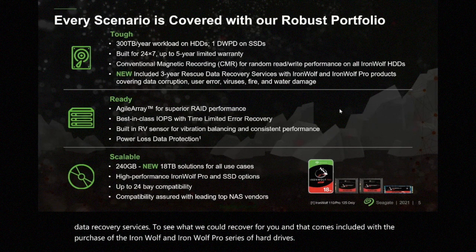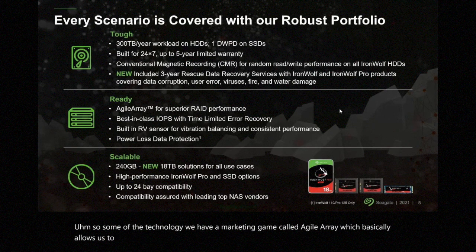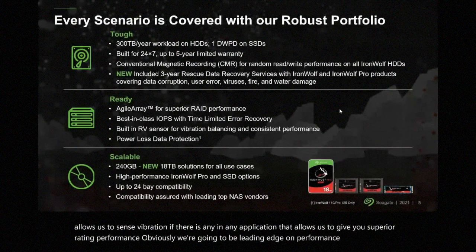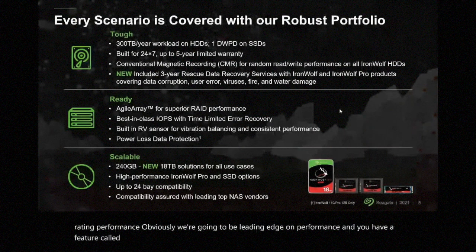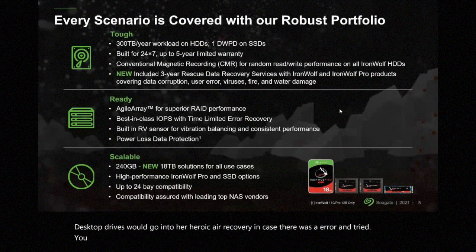So some of the technology, we have a marketing name called AgileArray, which basically allows us to sense vibration if there is any in any application. It allows us to give you superior rated performance. Obviously we're going to be leading edge on performance. And you have a feature called time limited error recovery, which is, simply put, desktop drives would go into heroic error recovery in case there was an error and try a number of instances to recover that data.